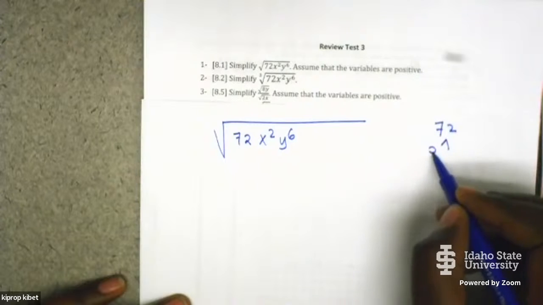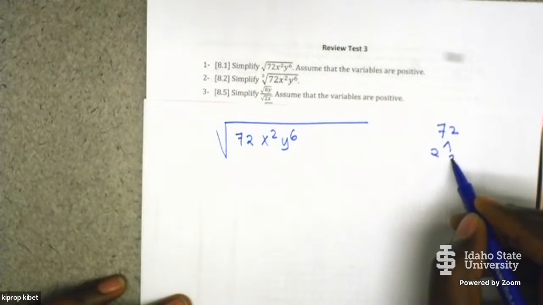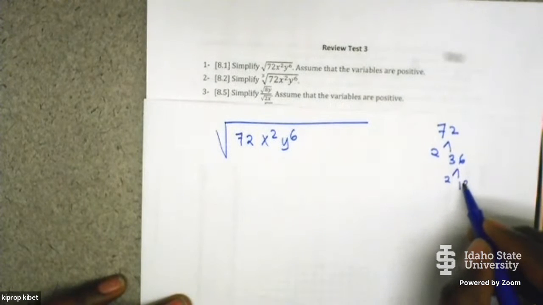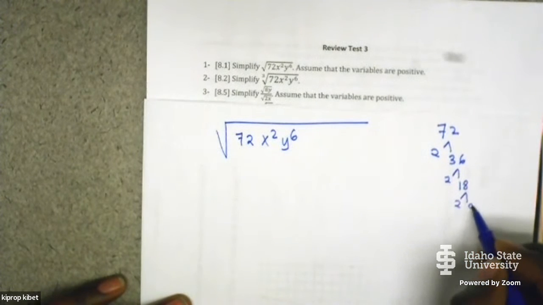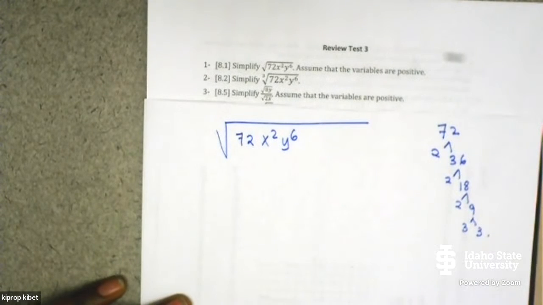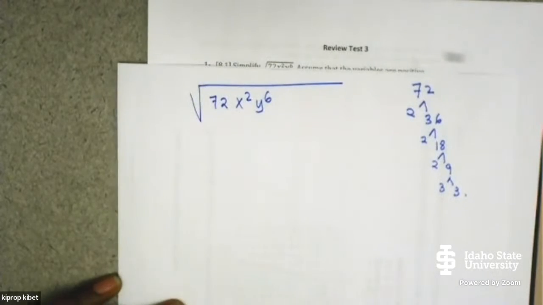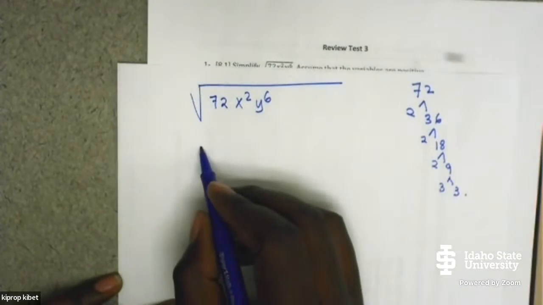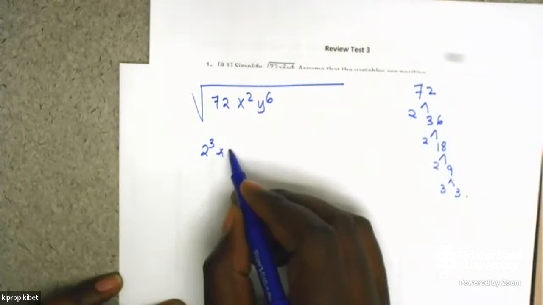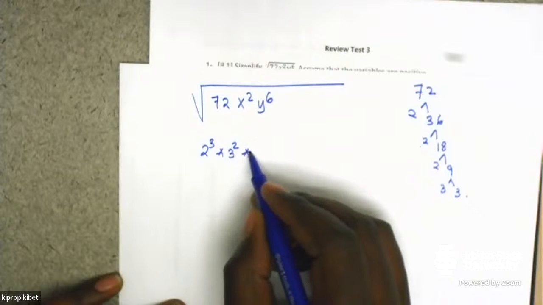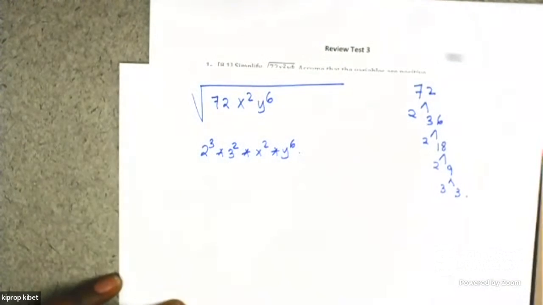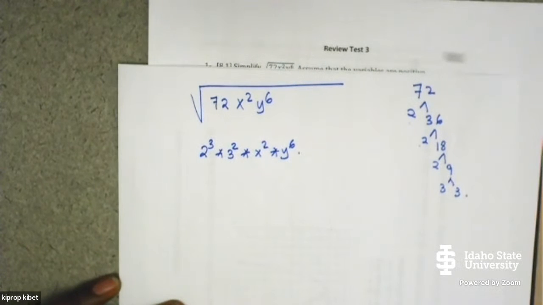The factors of 72 are 2 times 36, 2 times 18, 2 times 9, and then 3 and 3. So we have 2 raised to 3, multiplied by 3 raised to 2, multiplied by x squared, multiplied by y raised to 6.